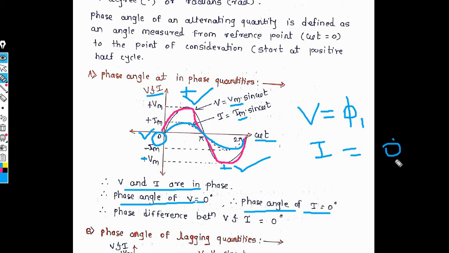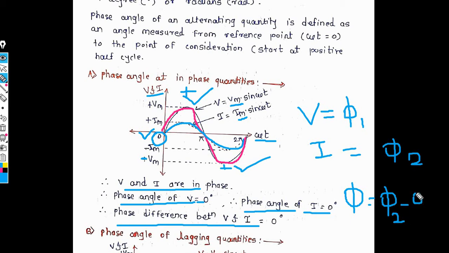Then the phase difference between voltage and current: phi is equal to phi 2 minus phi 1. Here phi 1, the phase angle of voltage, is 0 and phi 2, the phase angle of current, is 0.